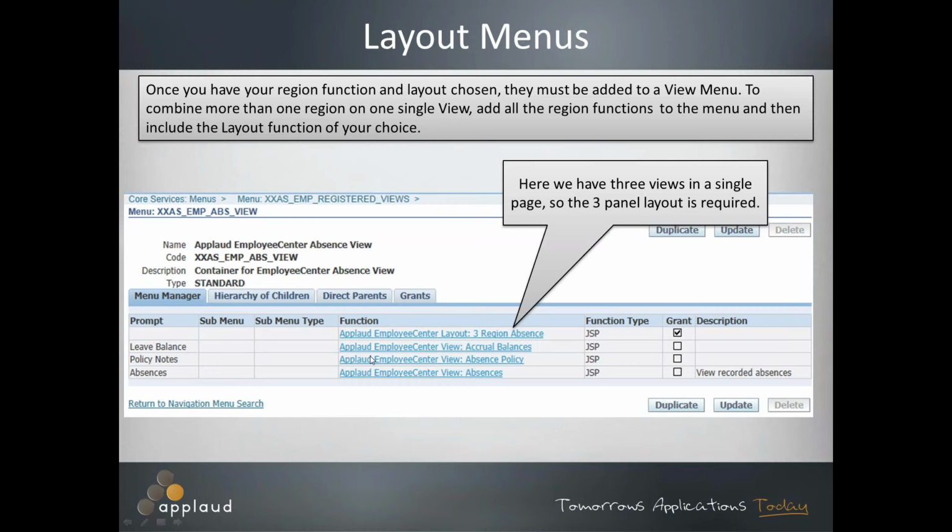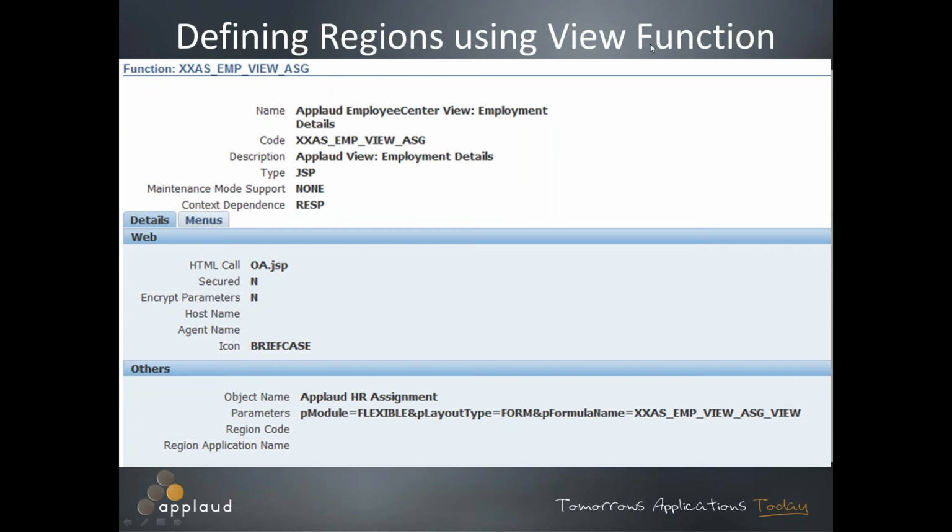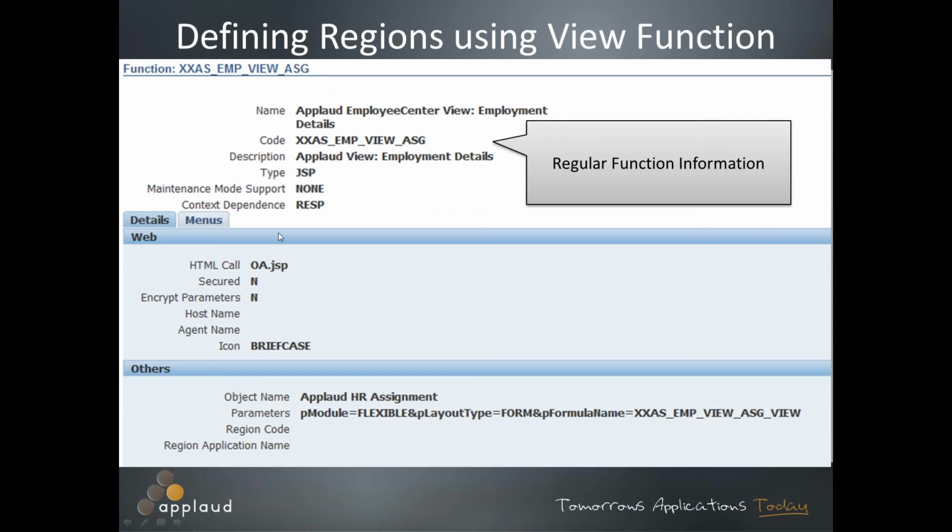Right, now we have individual functions within the menu, and each one of these functions we call a view function. It's quite an important term that we use a lot when we're talking about configuration. So each one of the panels on the screen corresponds to a function, just a regular function in this layout menu. So here for absence we've got 3, we've got leave balance, policy notes, absences. All right, they're just normal functions. Okay, now if you actually look at how those functions look, they're just normal functions you'd recognise.